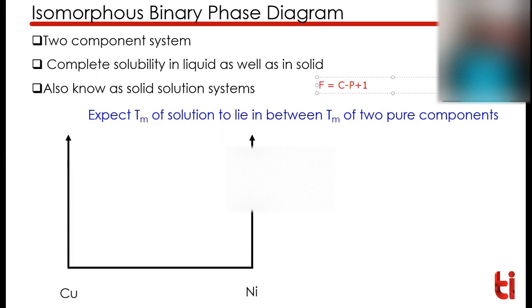C is the number of components, and P is how many phases are involved during the alloy preparation. Pressure we are considering as 1 atmosphere. Now when you plot the graph, on the y-axis we take temperature, and on the x-axis we take composition.